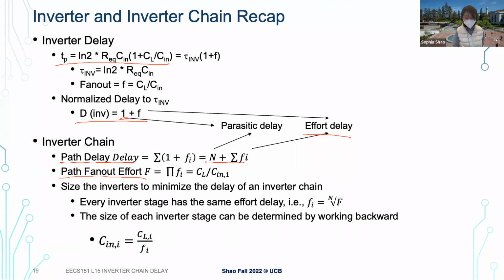Typically we size the inverters to minimize the overall delay, and the overall delay is minimized when each stage has the same effort delay, the same F. With that, we know the individual F, the individual fan out, and we can calculate the size, the capacitance, of each inverter.